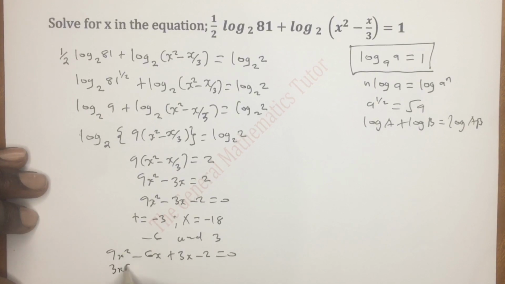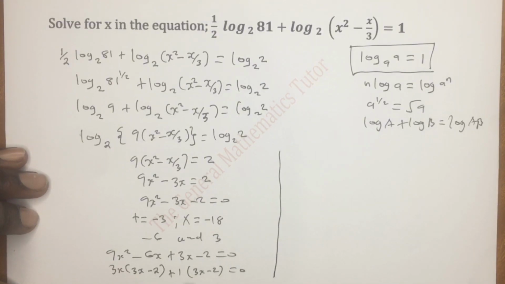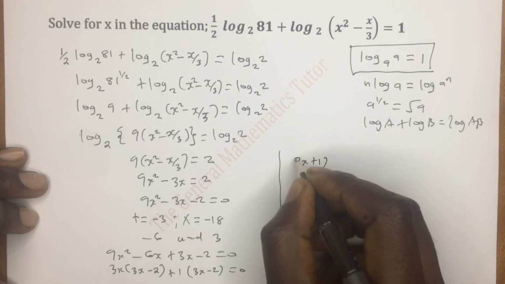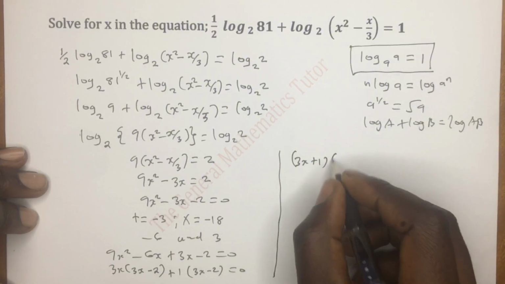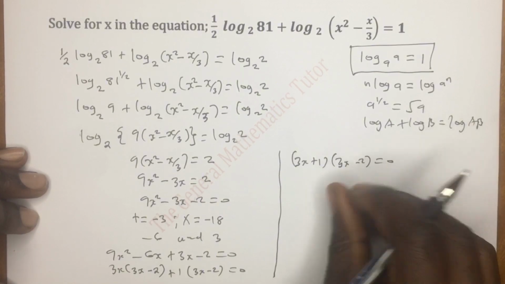So we have 3x times (3x minus 2). We expect 3x minus 2 this side, and for us to have obtained negative 2, we multiply by positive 1. So we have (3x plus 1) times (3x minus 2) is equal to 0.